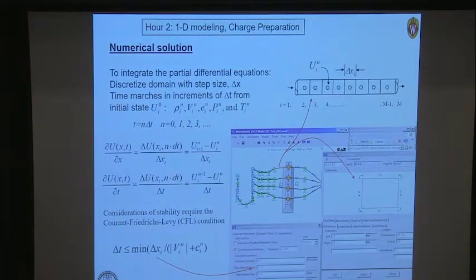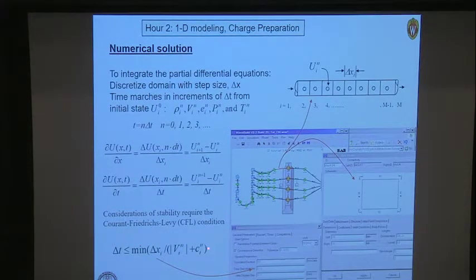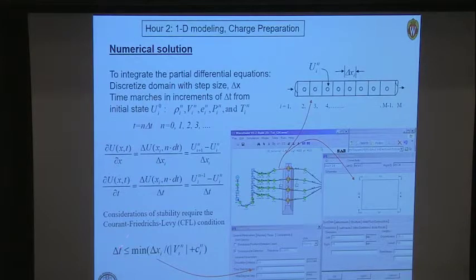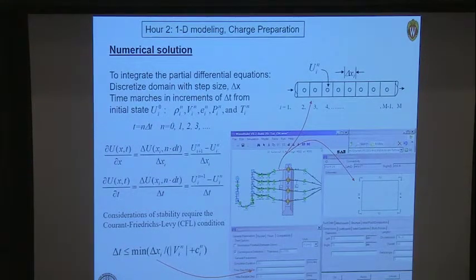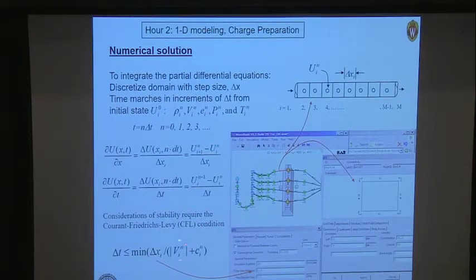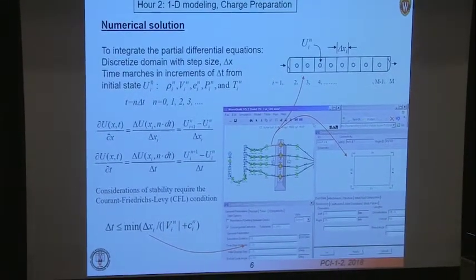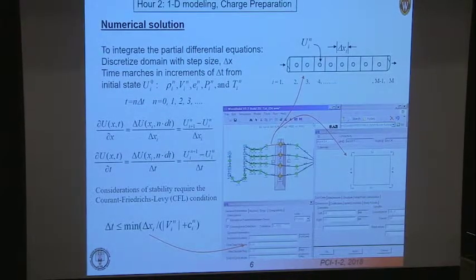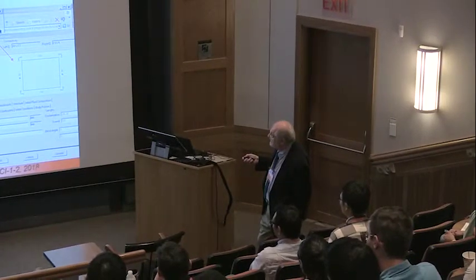There are, however, numerical parameters that you have to worry about, and we'll see the origin of them on the next slide, but basically you can't just take an arbitrarily large time step. There are certain restrictions that involve the velocity of the flow and also the sound speed. But anyway, just to show you how, in this case in Ricardo WAVE, here's a piece of duct.